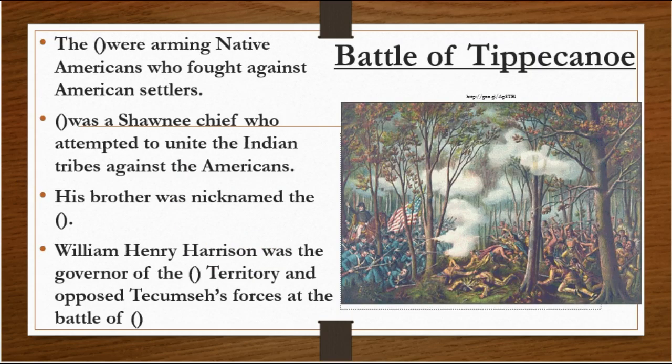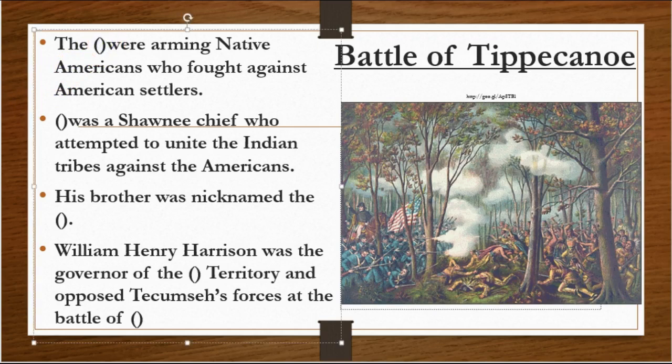While this was all going on, we also had a situation going on with Native Americans. As we've talked about for most of the course this year, Native Americans were constantly in conflict with Americans as Americans continued to move west, and Native American lands were in the way, and they tried to fight with them to gain those lands.